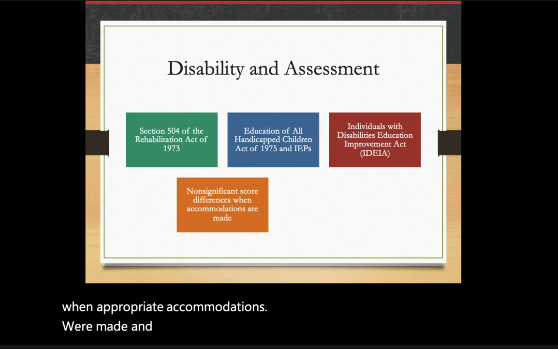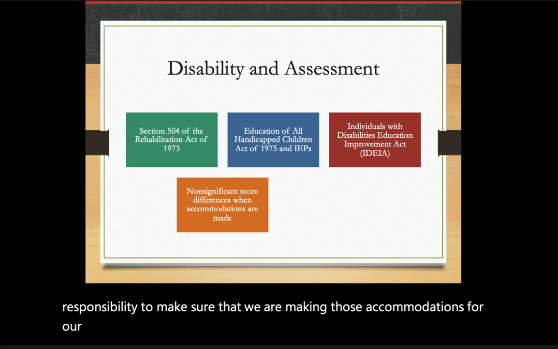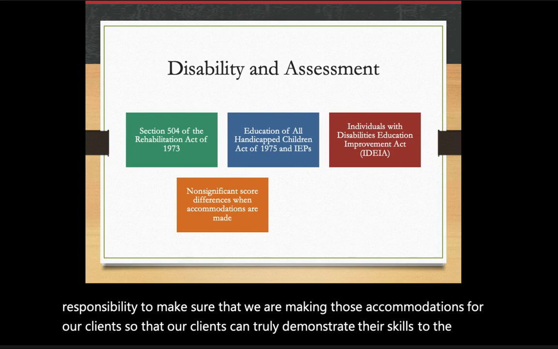And what that means is that as assessors, it is our responsibility to make sure that we are making those accommodations for our clients so that our clients can truly demonstrate their skills to the best of their ability.